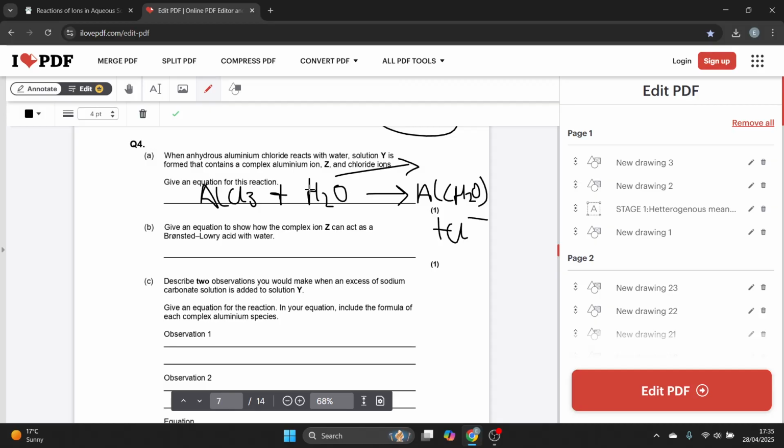And obviously I need to balance it, as 6 here. That's the Al(H2O)6 3+ plus 3 Cl minus.